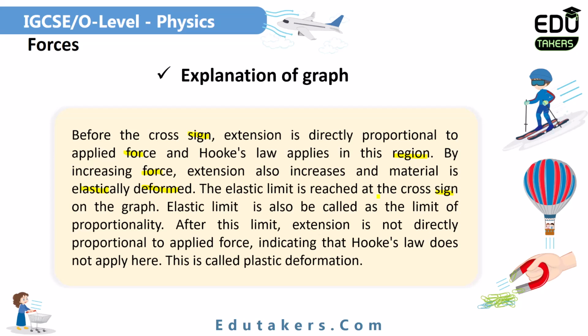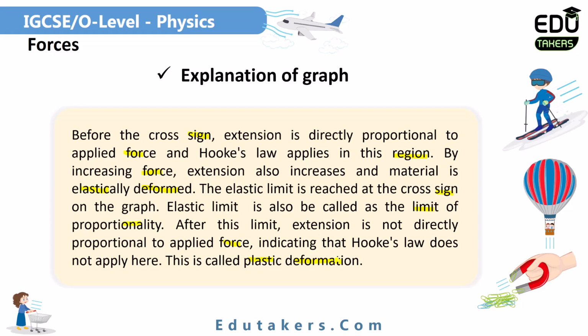So from here there is another limit. The elastic limit can also be called the limit of proportionality. After this limit, the extension is not directly proportional to the applied force, indicating that Hooke's law is not obeyed here. So when Hooke's law is not obeyed here, this region is plastic deformation. It means that when you remove the force, the spring cannot attain its original length, but it is deformed plastically.